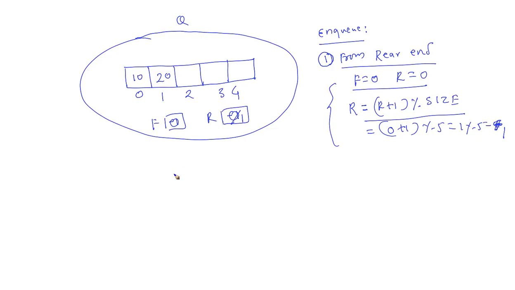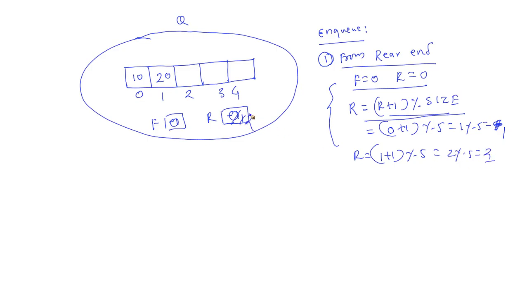Now if we perform one more NQ operation, R is 1 now, 1 plus 1, same formula, mod 5 is equal to 2 mod 5, which is 2. So R becomes 2.